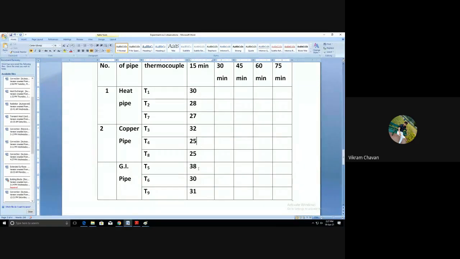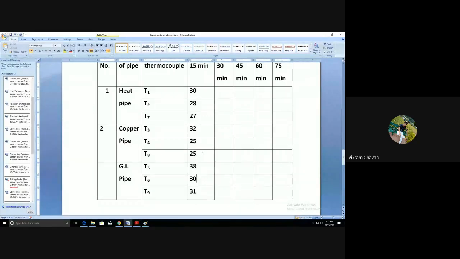And in the GI pipe, the bottom side or source side temperature is 38 degrees Celsius and the top side temperature of that pipe is 30 degrees Celsius, so the temperature difference is 8 degrees Celsius.